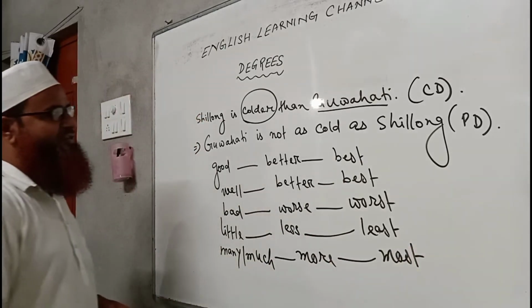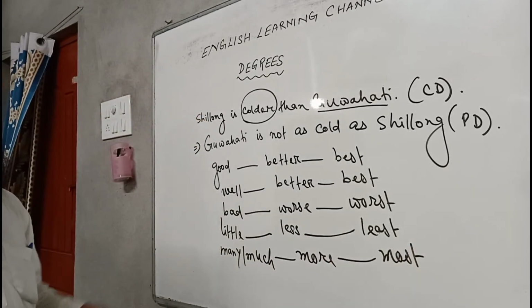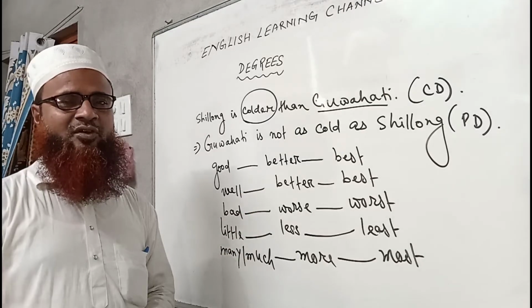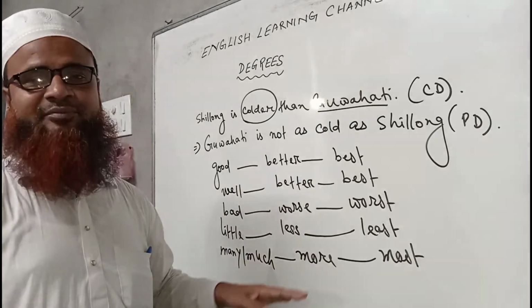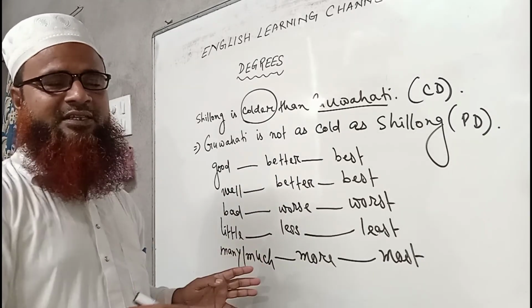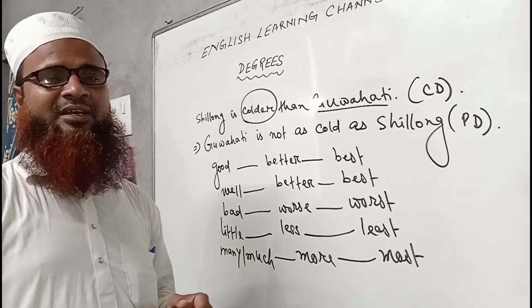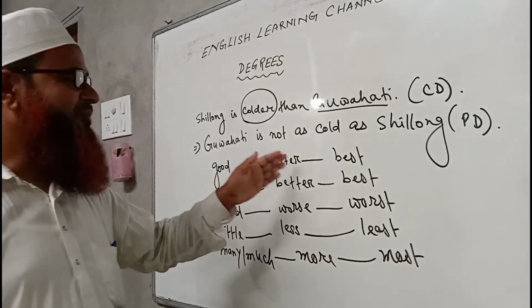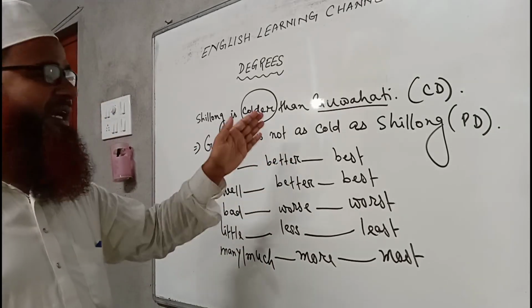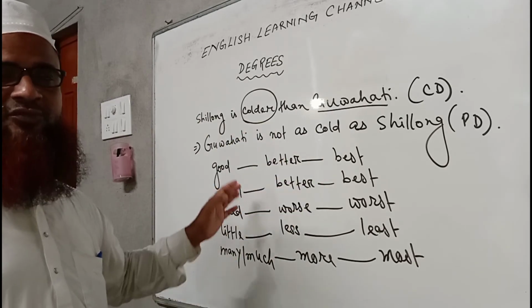So these are some adjectives which have their independent forms of comparative and superlative degree, and these words never abide by any rule. That is why we have to learn these forms by heart.